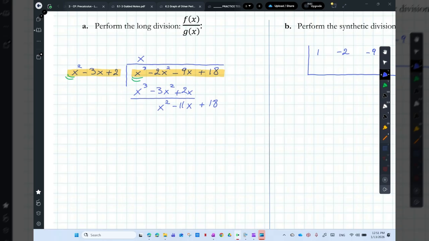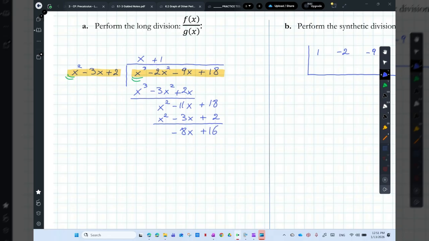And I keep going. X squared divided by x squared is positive 1. I distribute the positive 1 and have x squared minus 3x plus 2. And then I subtract. I would have negative 11 plus 3, which is negative 8, and 18 minus 2 is positive 16.